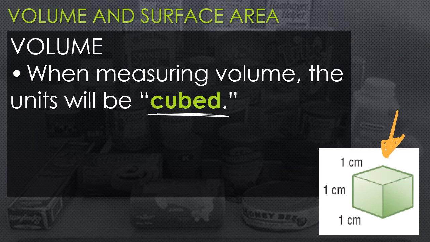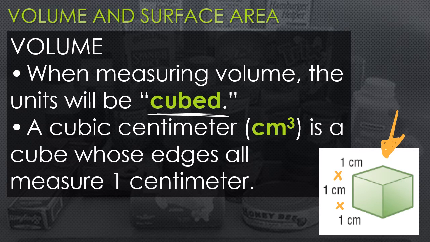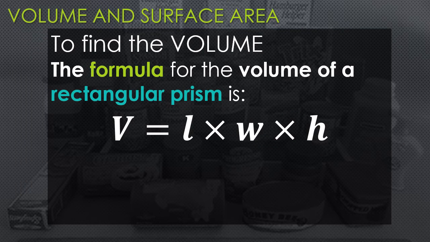In this rectangular prism, to find volume, we're multiplying the length times the width times the height together. When we do that, we're multiplying centimeters times centimeters times centimeters to give us a cubed unit of centimeters to the third power. So in doing volume, we've got to make sure that our label has the cubic units on it.